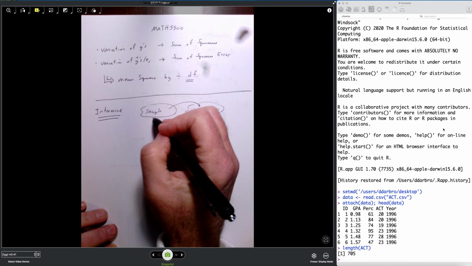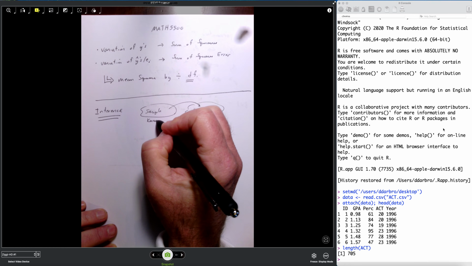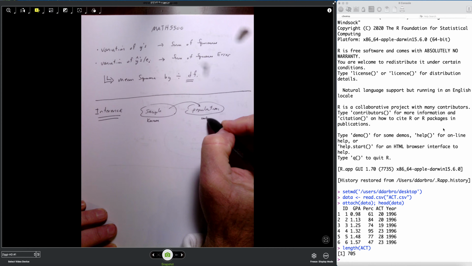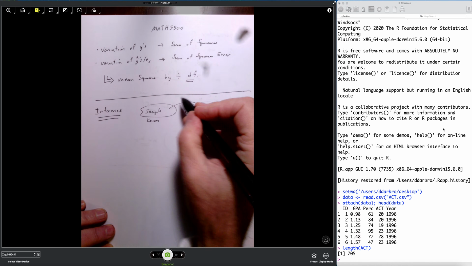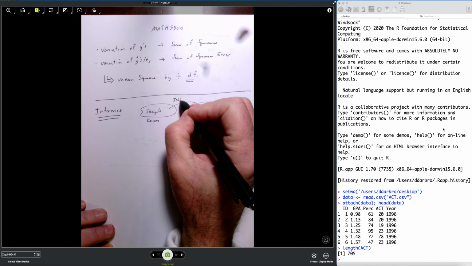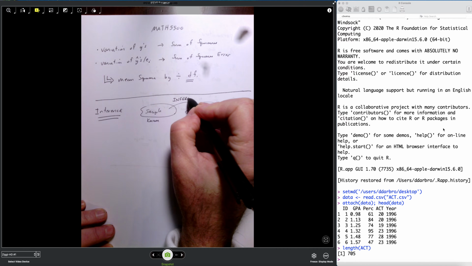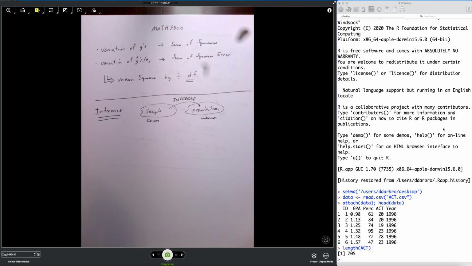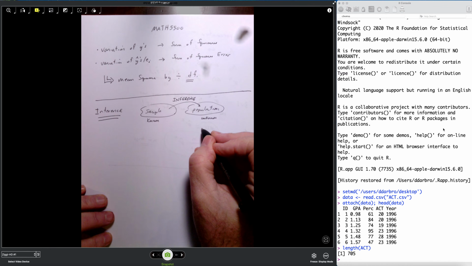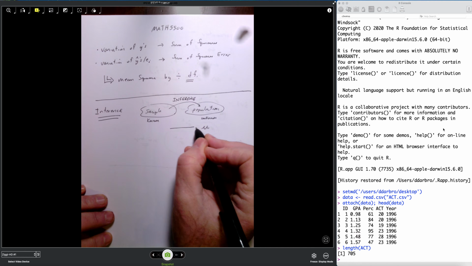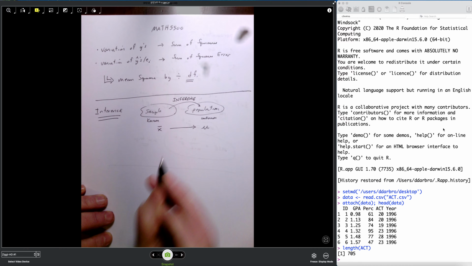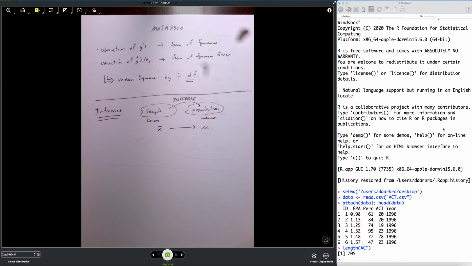In the inference setting, we start out with a sample that is known, and we use it to estimate something in a population that is unknown. Again, this is the definition of inference. For example, if we had an unknown population mean that we wanted to estimate, then it would make sense to take a sample mean, x bar, and use it to make that estimation.